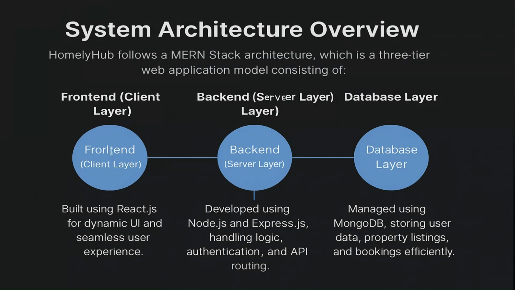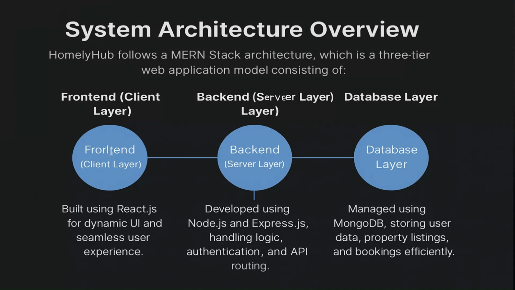System architecture overview. Homely Hub follows a MERN stack architecture, which is a three-tier web application model consisting of front-end, back-end, and database layer, or we can say client layer, server-side layer, and database layer. The front-end layer is built using React.js for a dynamic UI and seamless user experience.